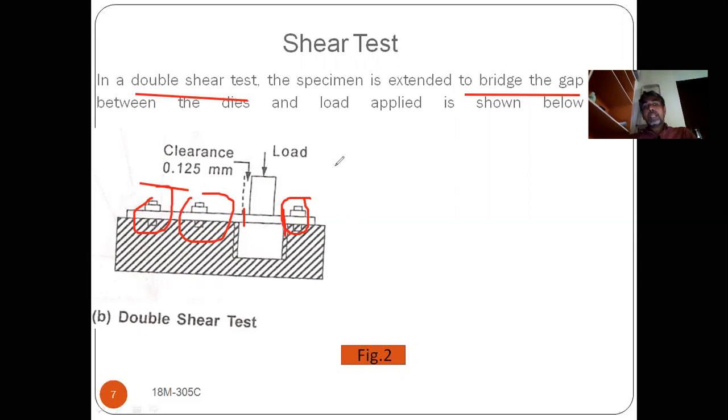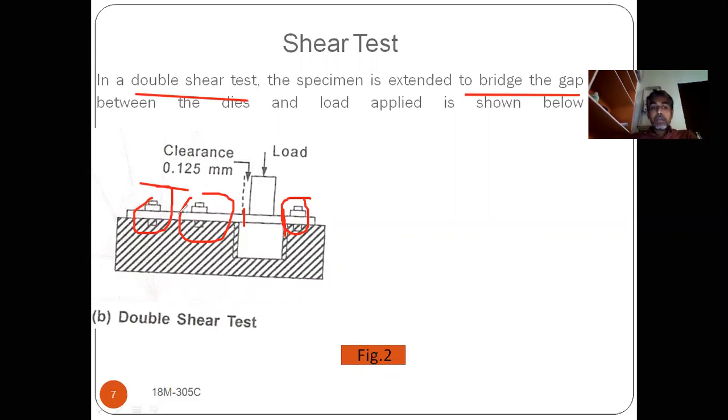Okay, I'm repeating again. There is a small difference between the single shear test and the double shear test. In the single shear test, shear takes place on only one side. In the double shear test, shear takes place on both sides. That's why it's called the double shear test. You have to clamp the specimen in such a way that it bridges the gap between the die portion.